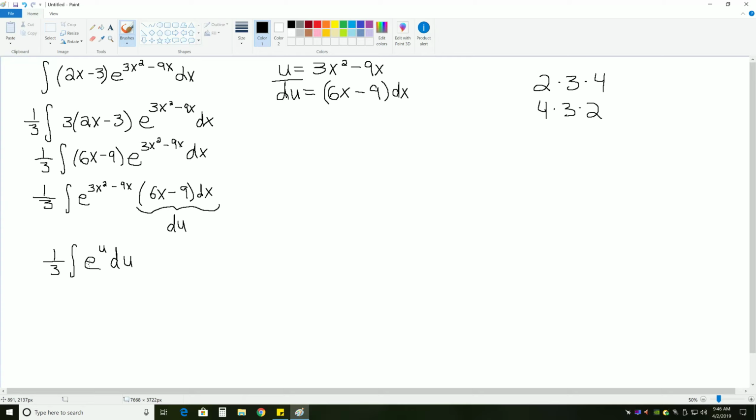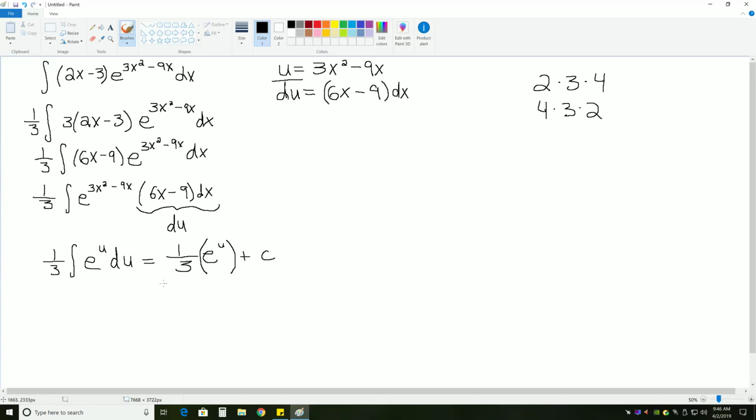From here, the integral of e to the u du is now one that we know how to do. The derivative of e to the u is the same thing as the antiderivative of e to the u. It's just e to the u. So we get 1/3 times e to the u plus c.